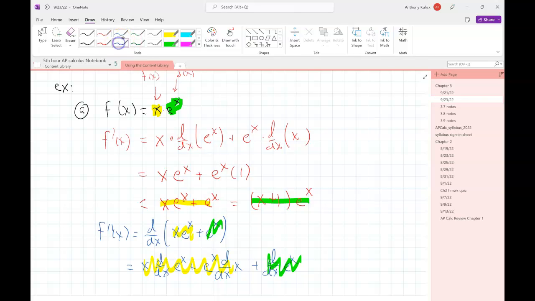Do we need to do one intermediate step? No. So when I take the derivative of x times e to the x, that's a product property. But the derivative of e to the x is just a normal derivative.